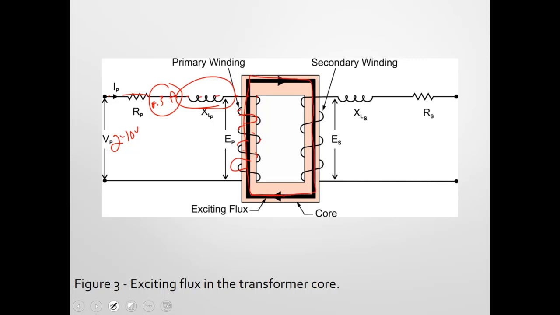And that exciting current has 2 effects. One, it creates the counter EMF on the primary, and it induces the voltage on the secondary. And so we would see our 120 volts here. So the exciting current creates our exciting flux, responsible for that counter EMF as well as inducing our voltage on the secondary.